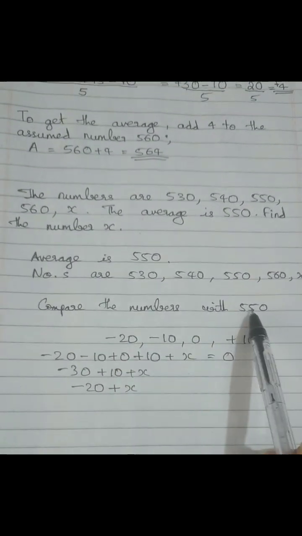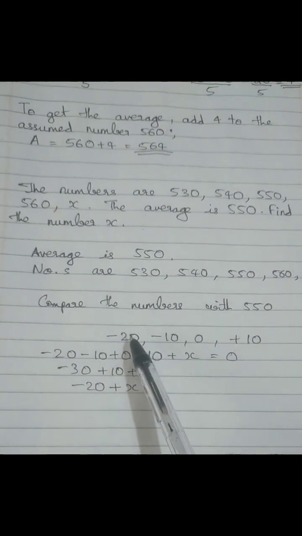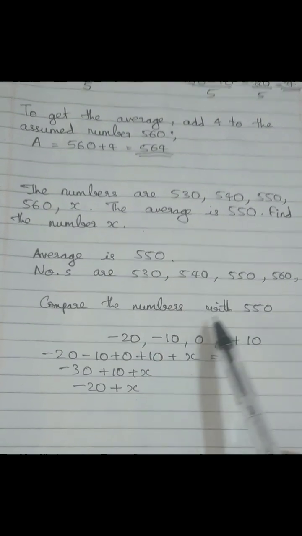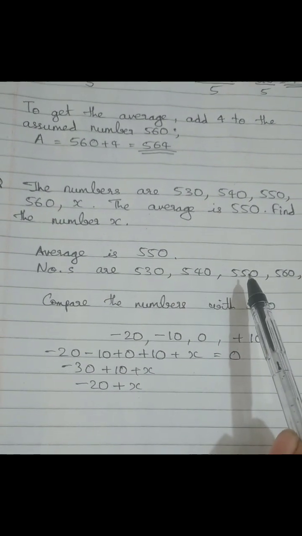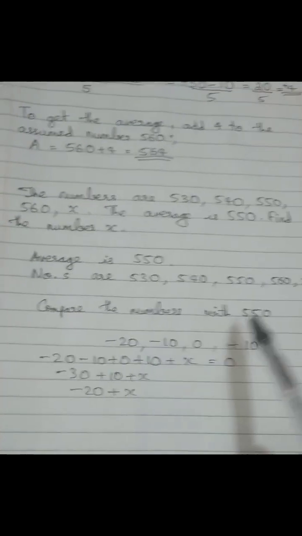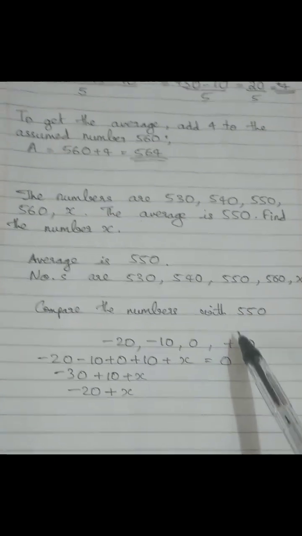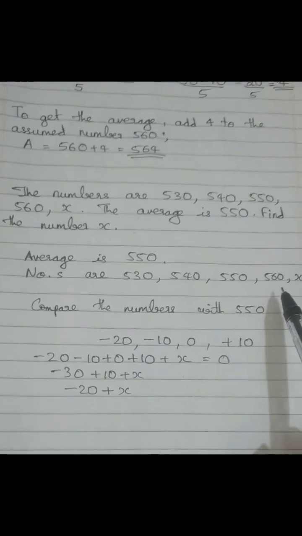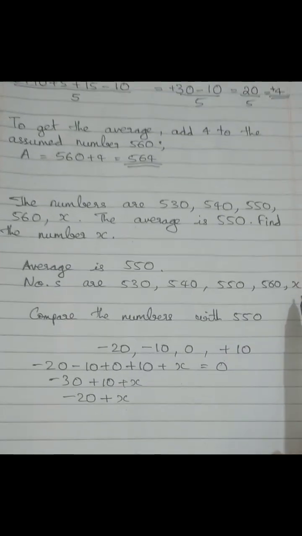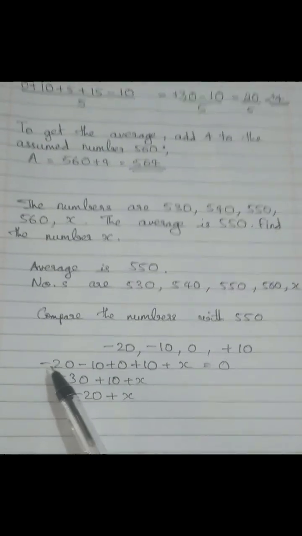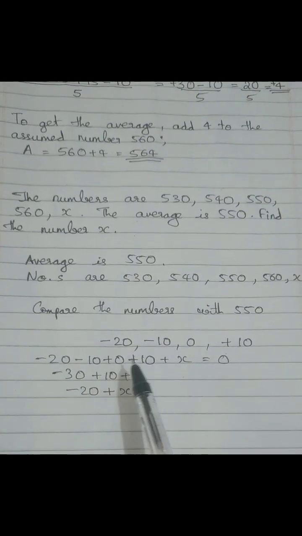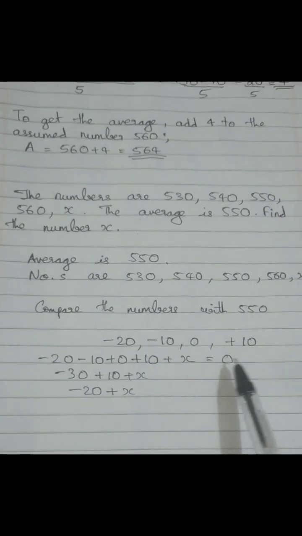So compared to 550, it is 20 less. 540 is 10 less. 550 compared to 550 is 0. 560 is plus 10, because we add 10 to 550 to get 560, and then x. When we add these numbers, we want to get 0.